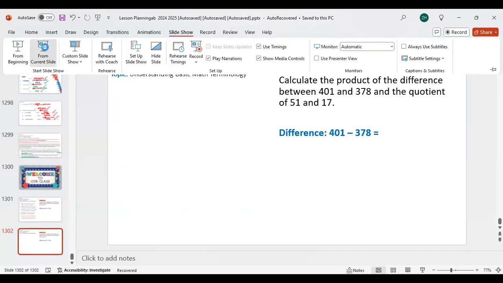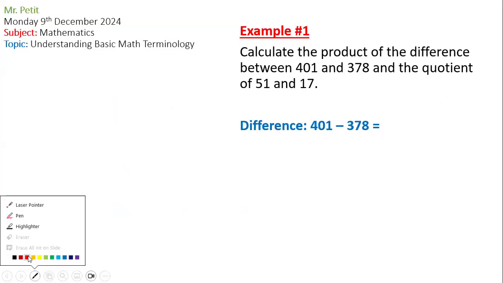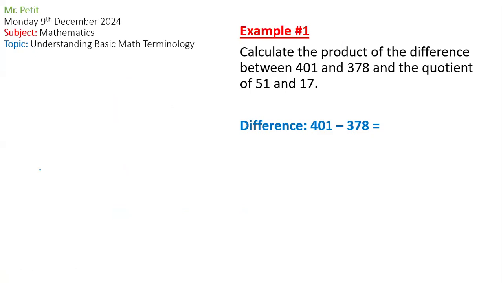It's gonna be 401 minus 378. One minus 8 is what?